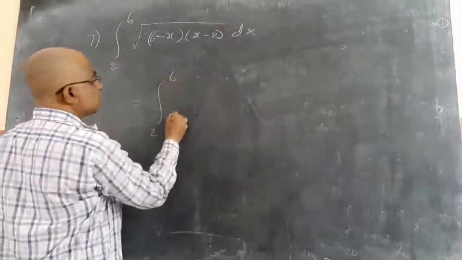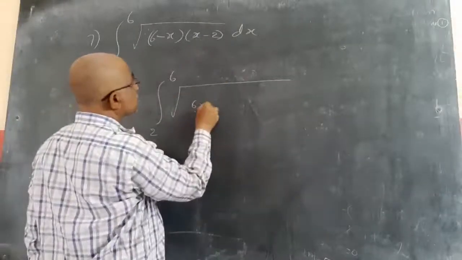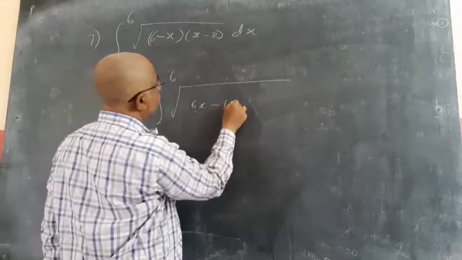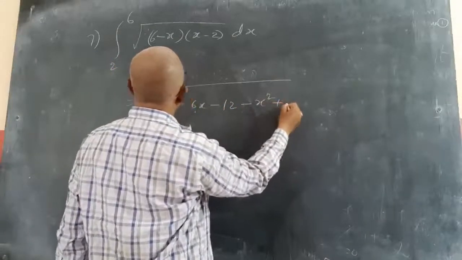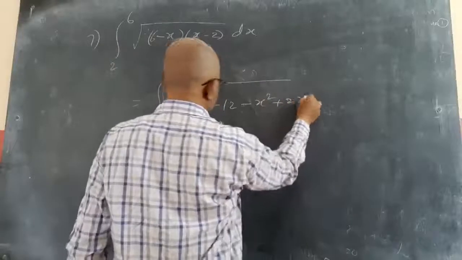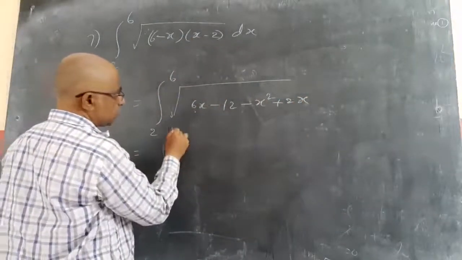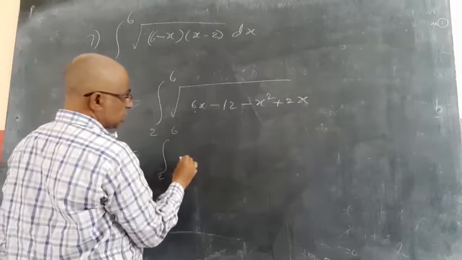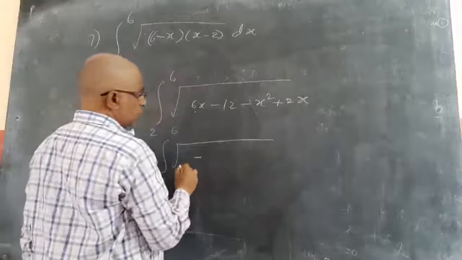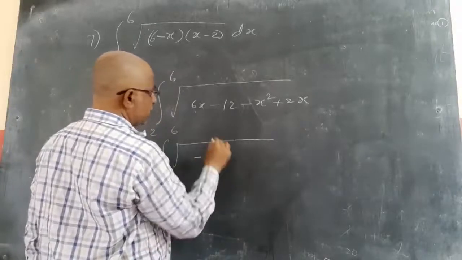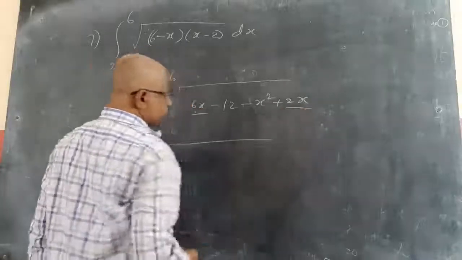Integral from 2 to 6 of the square root of, directly multiplying, 6x minus 12 minus x square plus 2x. So this becomes the integral of 2 to 6. 6x plus 2x is 8x.